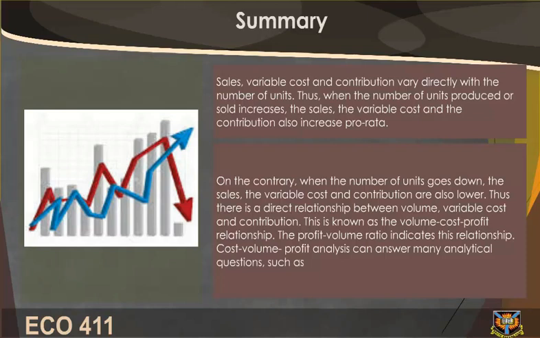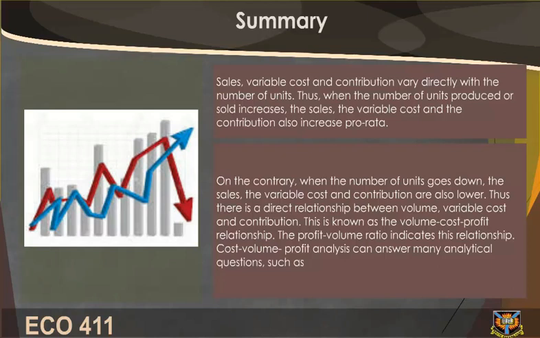On the contrary, when number of units goes down, the sales, the variable cost, and contribution are also lower. Thus, there is a direct relationship between volume, variable cost, and contribution. This is known as the volume cost profit relationship. The profit volume ratio indicates this relationship.